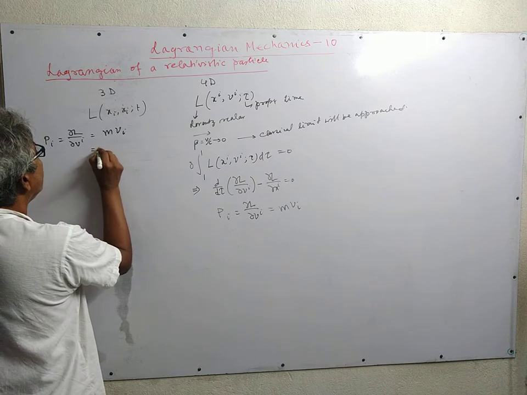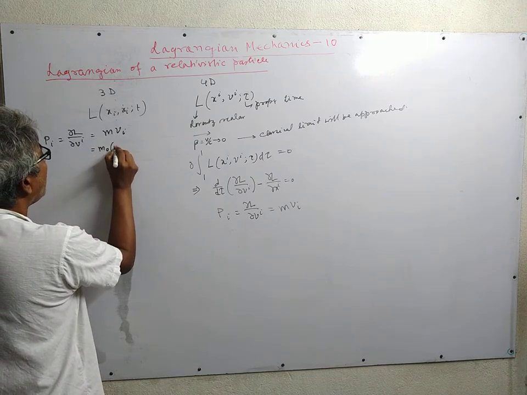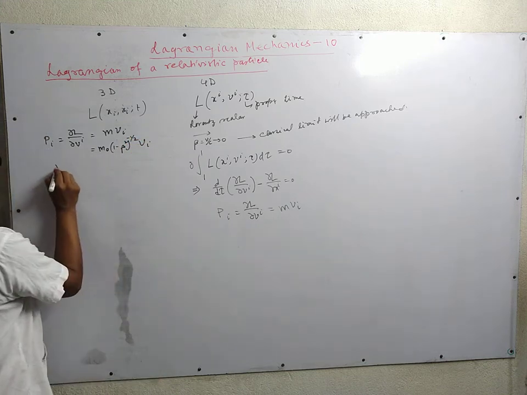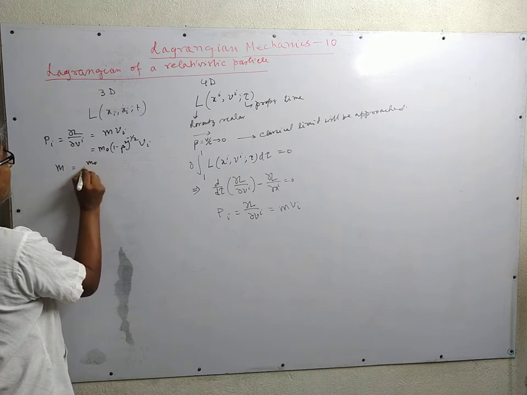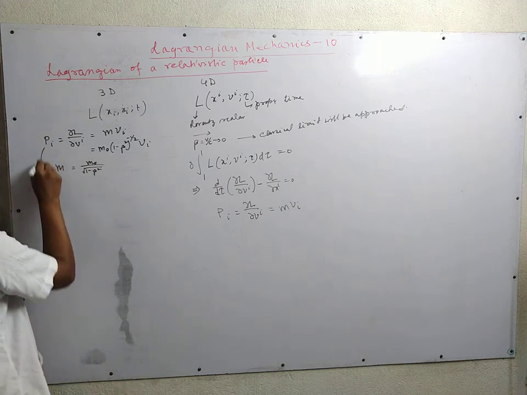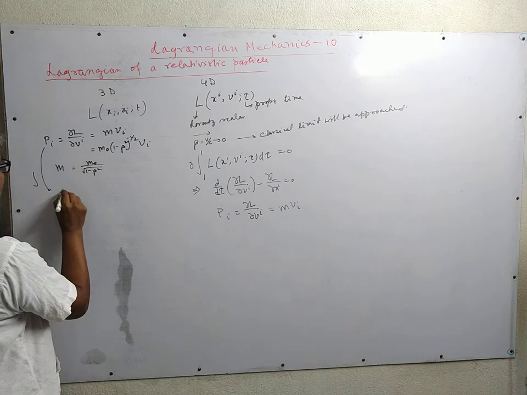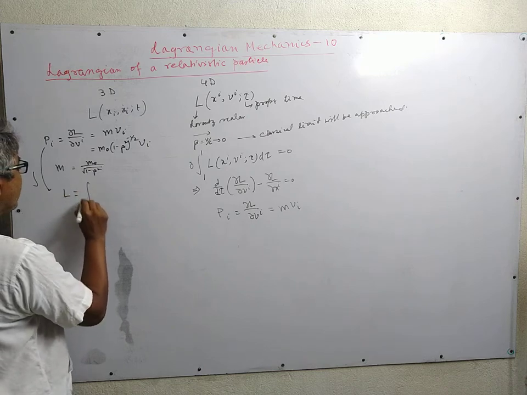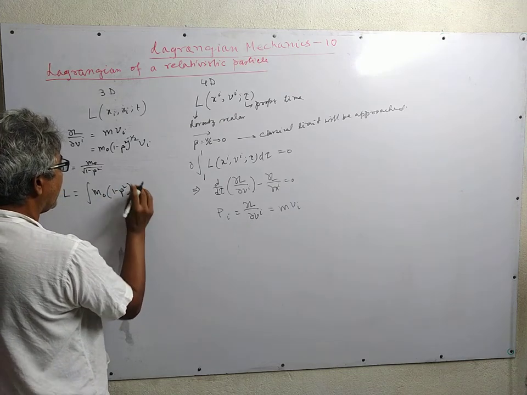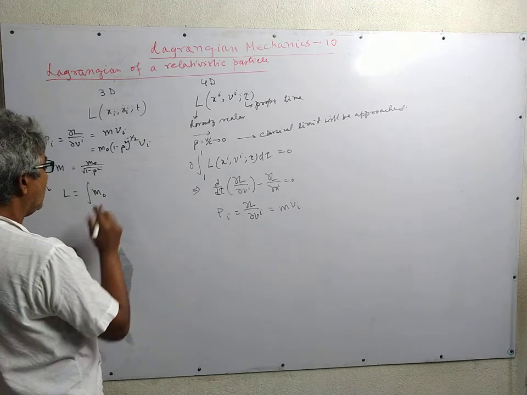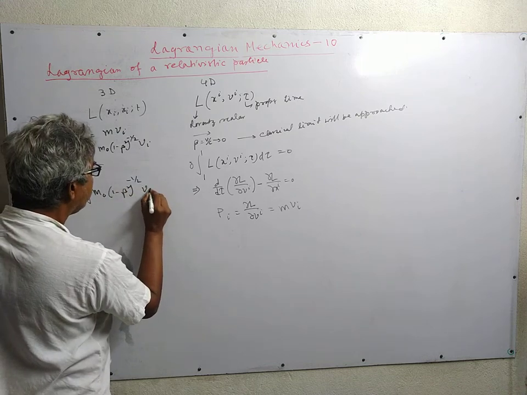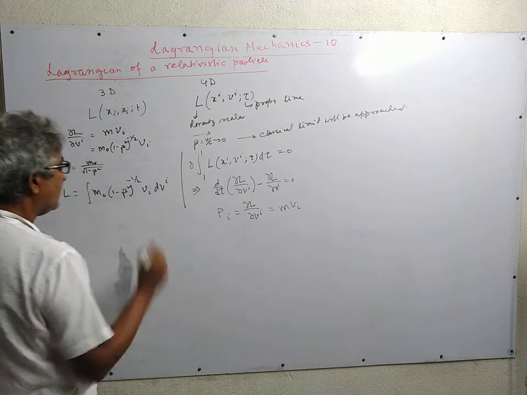Furthermore, we write m = m0 (1 − β²)^(−1/2), the moving mass, and this is being utilized. If we integrate this, on integrating we get L = ∫ m0 (1 − β²)^(−1/2) v_i dv^i, apart from a constant.